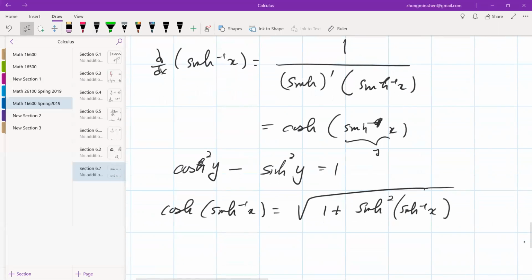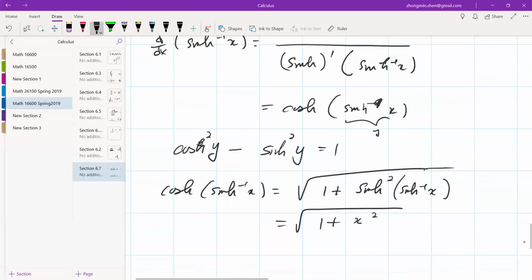And why do I have to choose the positive? Because usually we have a plus or minus sign, but hyperbolic cosine is always positive. All right, so this is nothing but x squared, right? Because hyperbolic sine of the inverse hyperbolic sine of x is just x, and then squared.